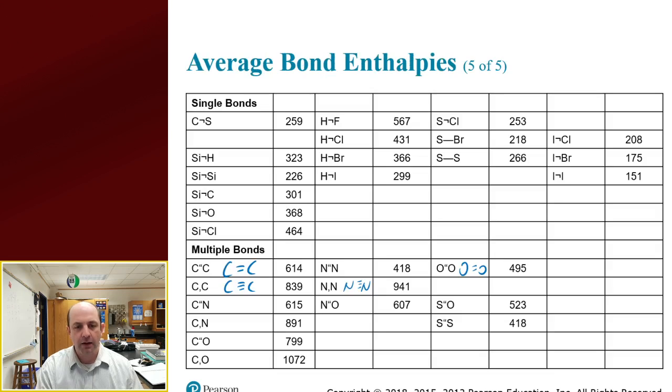All right? I just want to do a real quick example here because this is going to be on a problem set, whether it's college or AP. It's about how much energy to break a bond and then reform it.